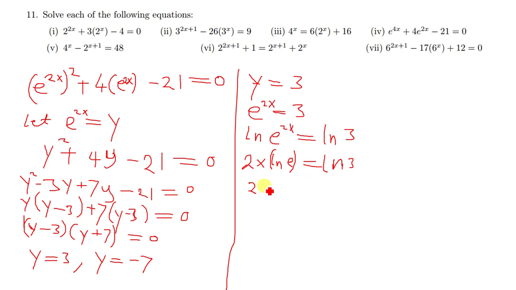So meaning this side will just remain with 2x, then this will just be equal to the ln of 3, and then we have x is now going to be equal to the ln of 3. You divide both sides by 2, so meaning you have 2 this side. So this is your value of x.